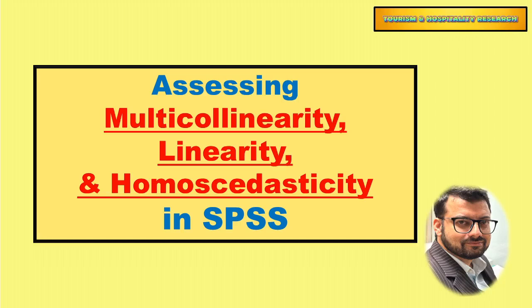In case of a simple linear regression, wherein you have one independent variable and one dependent variable, we call it a simple linear regression. In case we have more than one independent variable, we call it a multiple linear regression.